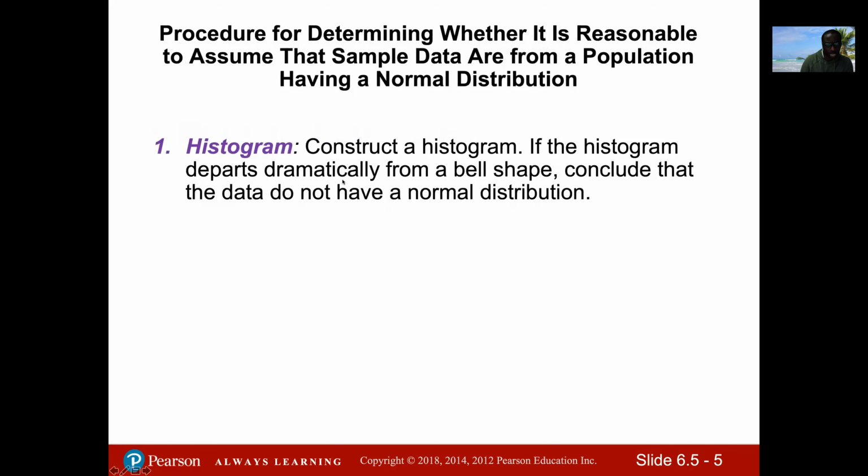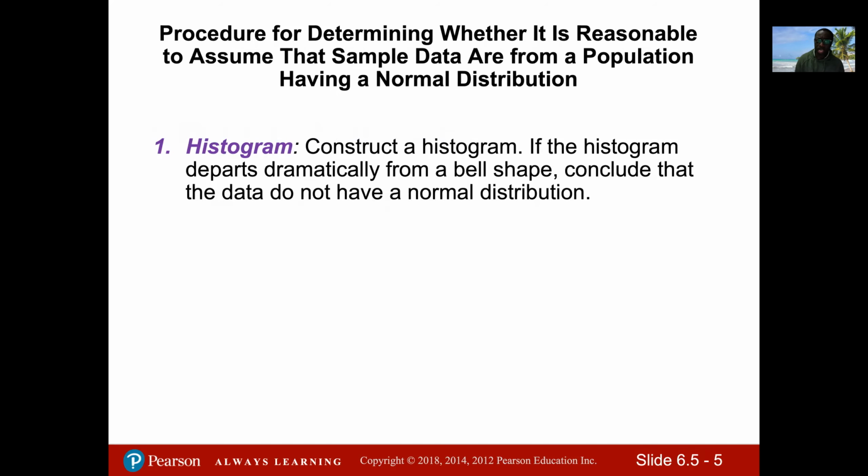Now, for the histogram, the procedure for determining whether it is reasonable to assume that sample data are from a population having a normal distribution: if your histogram departs dramatically from a bell shape, we conclude that the data do not have a normal distribution.